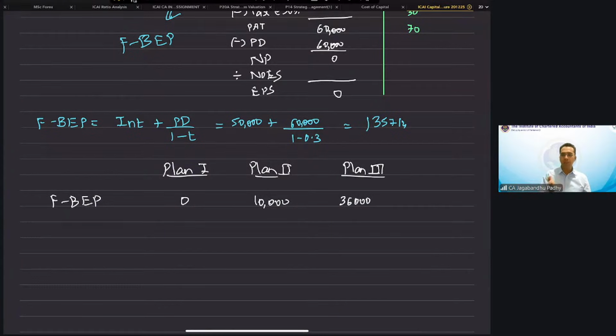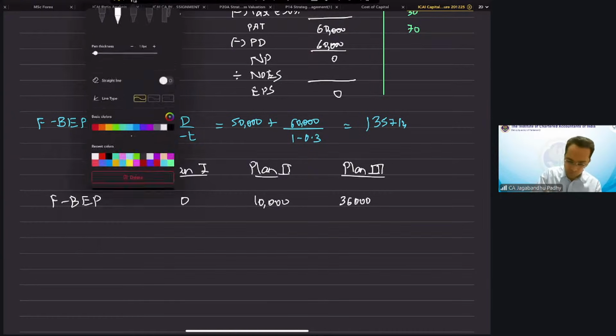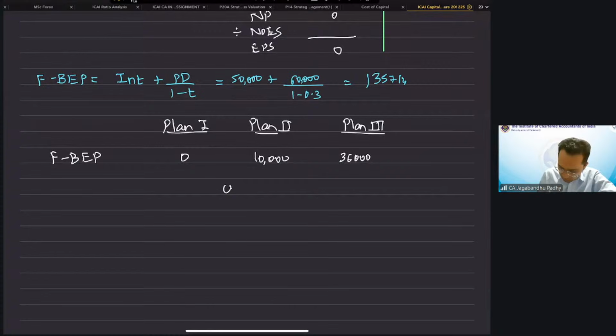Of course, in plan 1, right? Because since the plan 1 break-even point is 0, the moment you have some amount of EBIT, you start making profit. Whereas in plan 2, until EBIT is greater than 10,000, EPS will be negative.